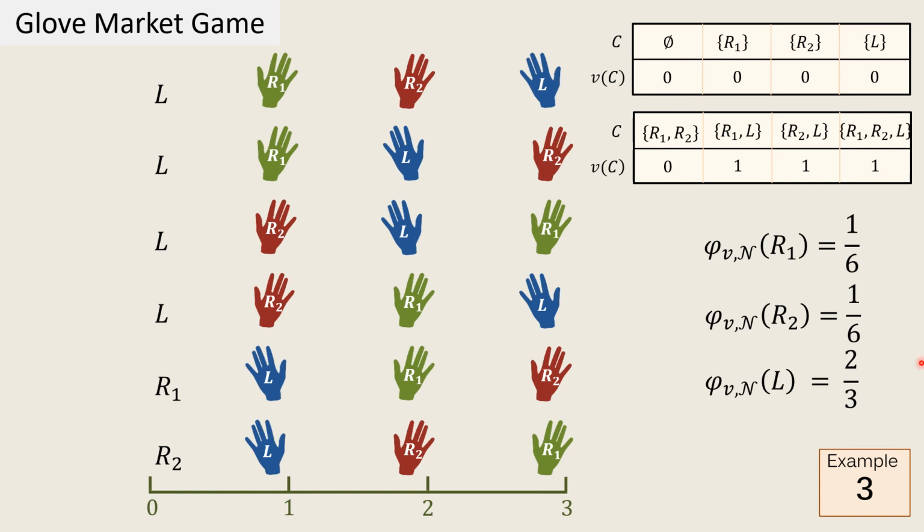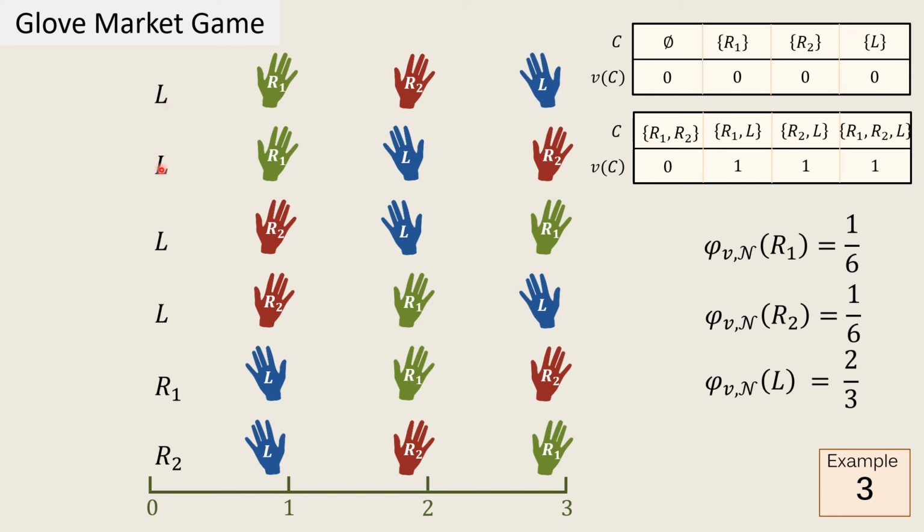Now, the Shapley value of R2 can be computed exactly in the same manner. It's only in this row where adding R2 to a coalition will give you a marginal contribution of 1. So we again get 1/6.